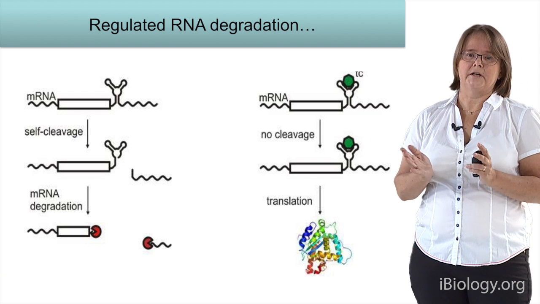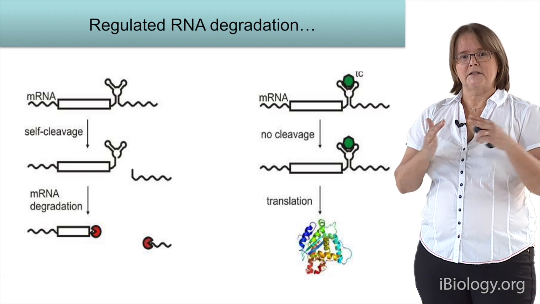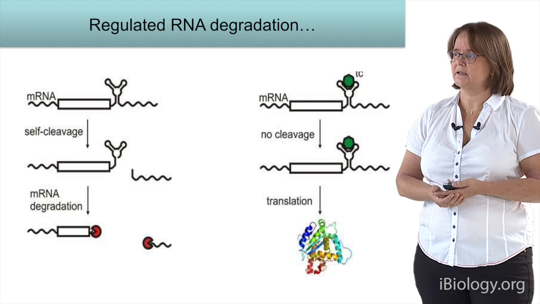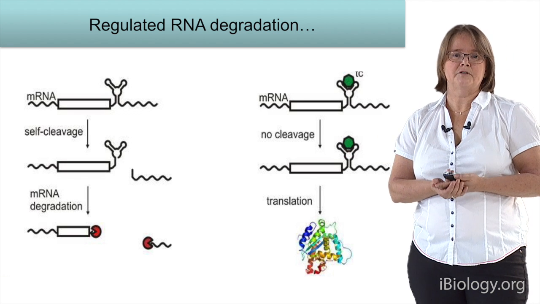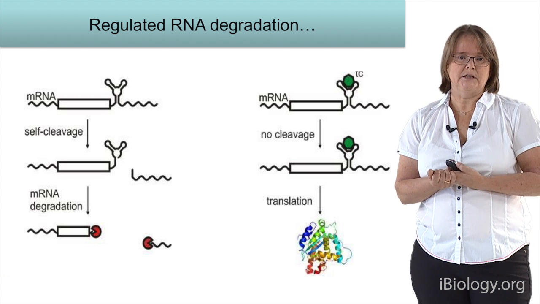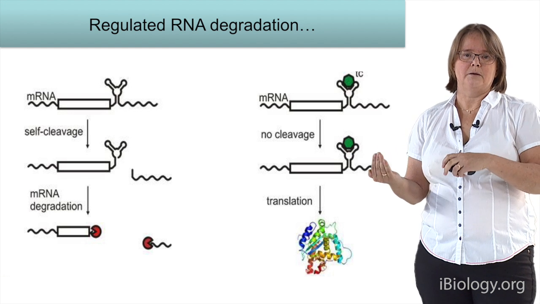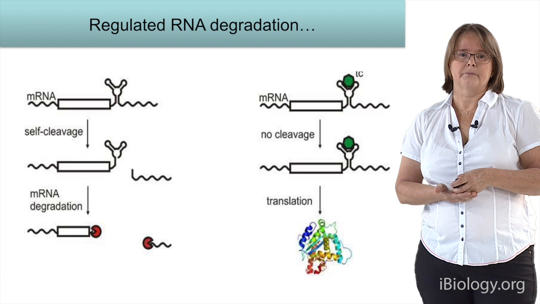So if you integrate such a ribozyme into an mRNA and it cleaves itself, then the RNA is rapidly degraded, as you can see on the left side of this picture. But we wanted to control the cleavage activity by an aptamer, shown on the right side, so that we can regulate if the mRNA is degraded or not.